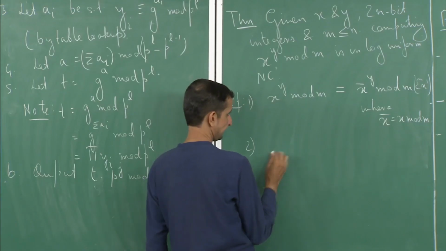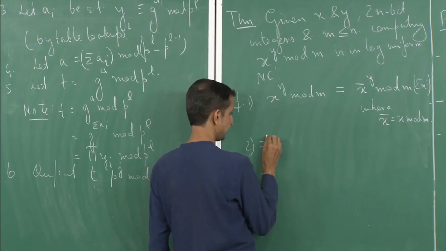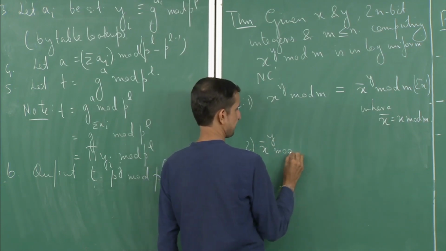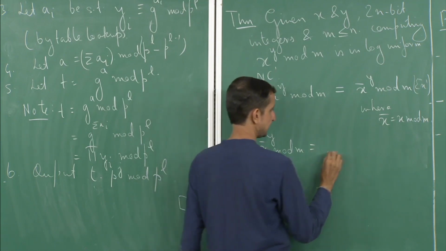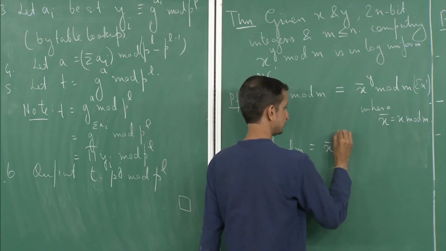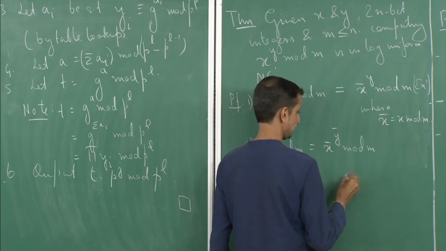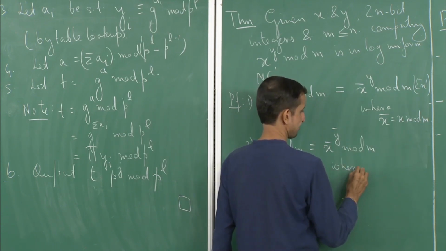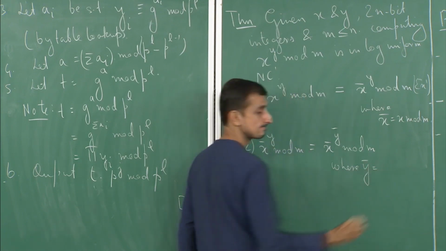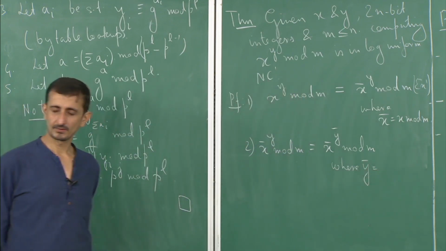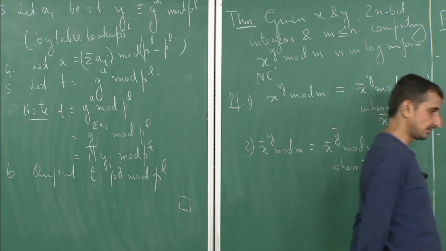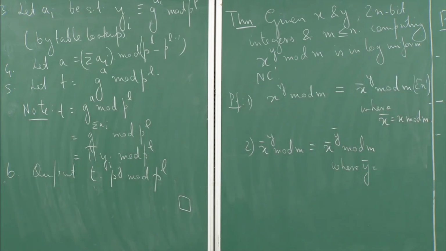Point number 2, can you say that x bar to the power y mod m is the same as x bar to some y bar mod m for some y bar? Can you guess what that y bar should be?